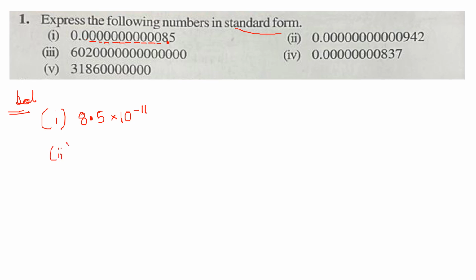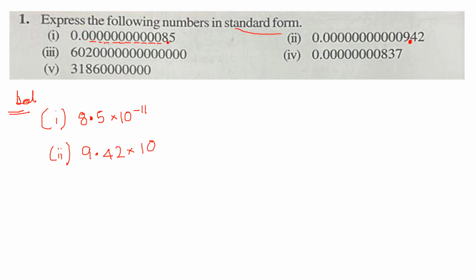Moving on to the second question. Again, it is a decimal number. Here again the whole number part must have only one digit, so we'll keep the decimal point after 9. So it will be 9.42 times 10 to the power.